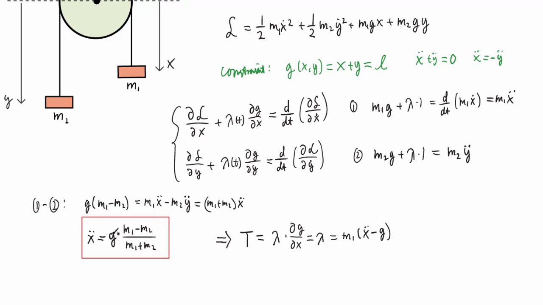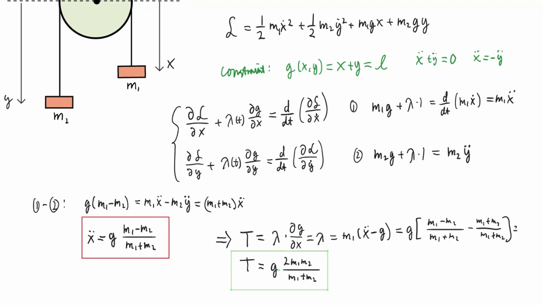But x double dot we found over there. So this is therefore just equal to, and that's a tension, which we're able to find because of the Lagrange multipliers.